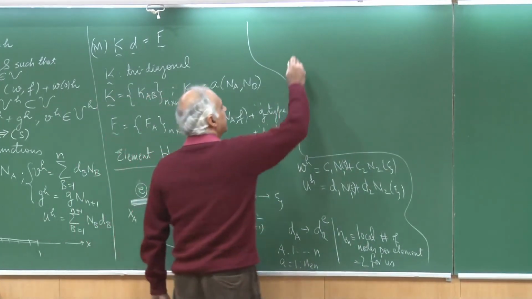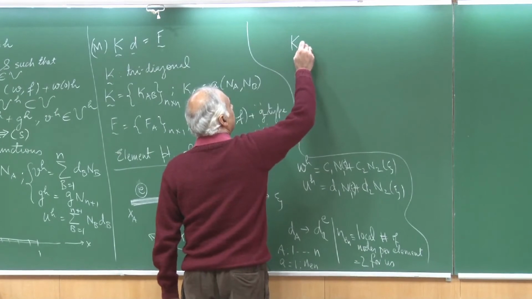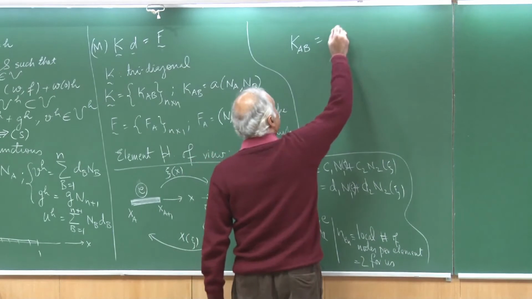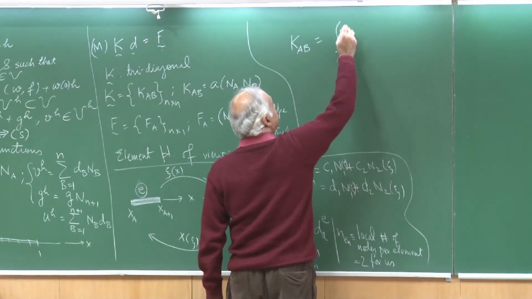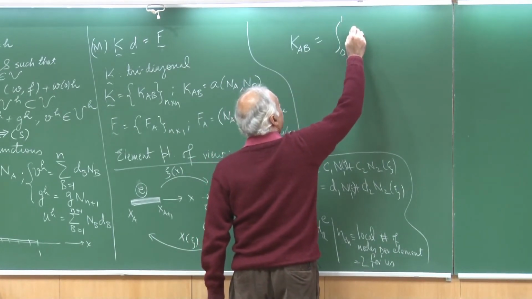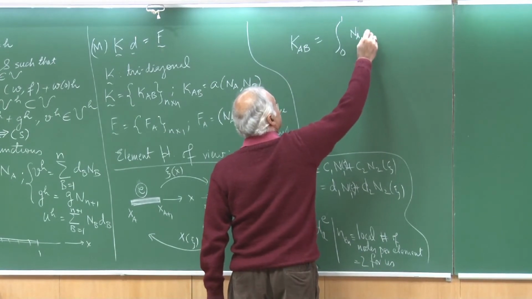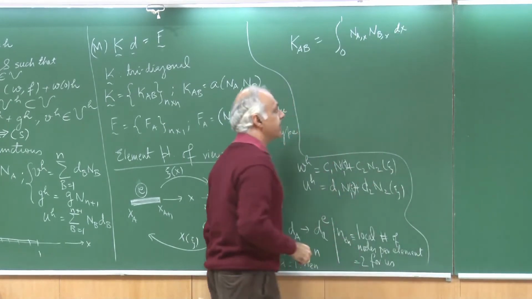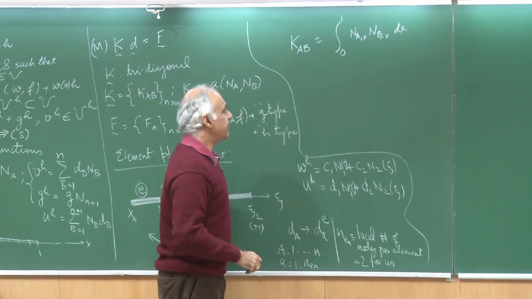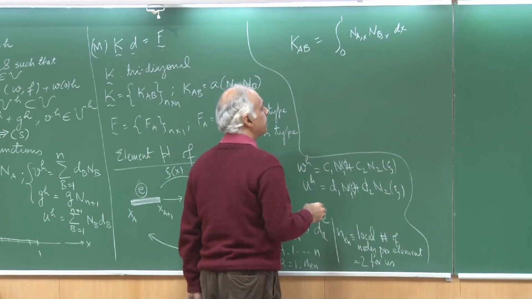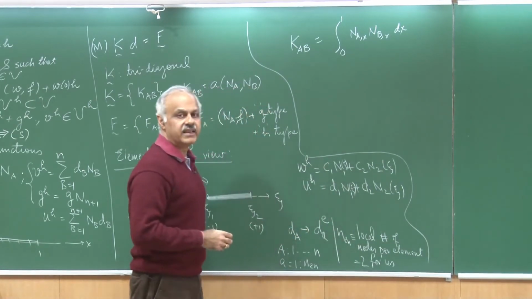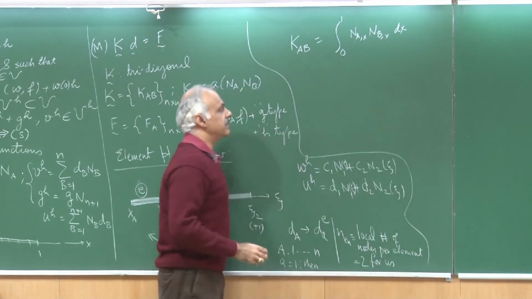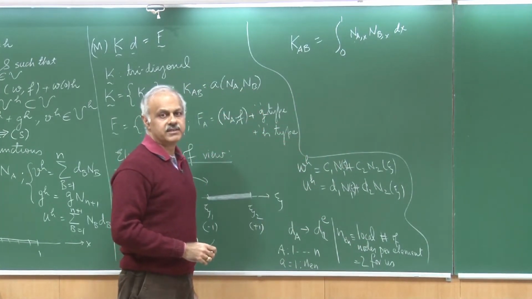So, we realized that if I want to do a calculation of a quantity like KAB, that is actually an integral over the whole domain, which is from 0 to 1 of Na comma x and Nb comma x dx. And we realized that because we have chosen a piecewise linear finite element space, these quantities are going to be discontinuous across the element boundaries.